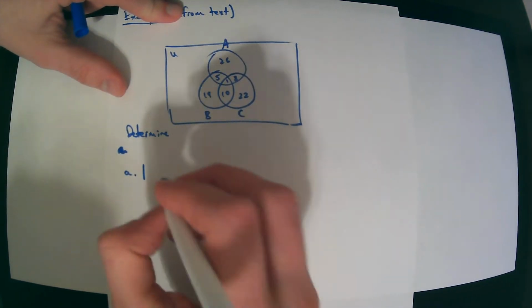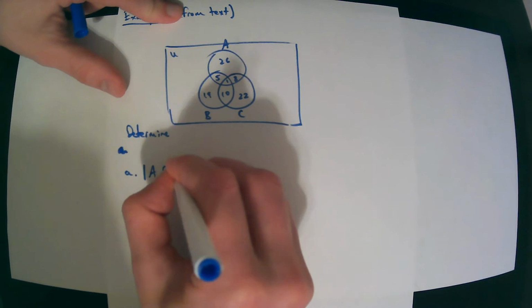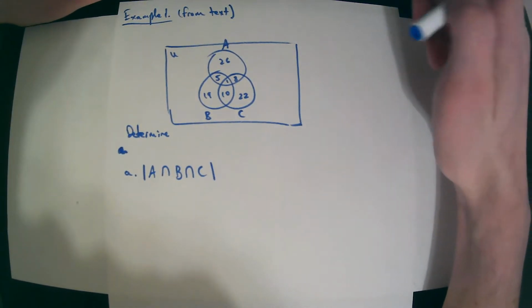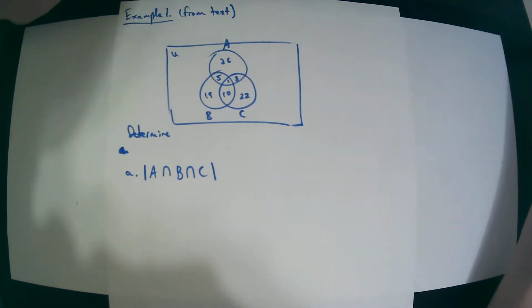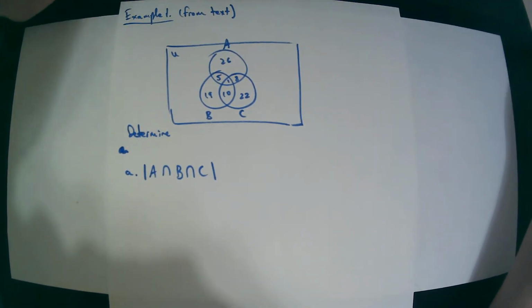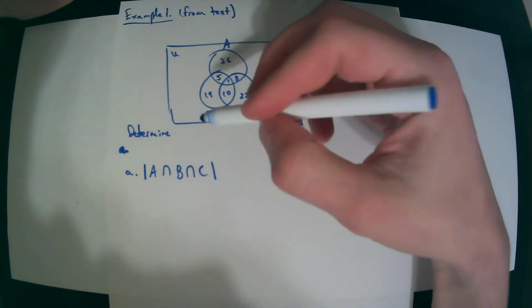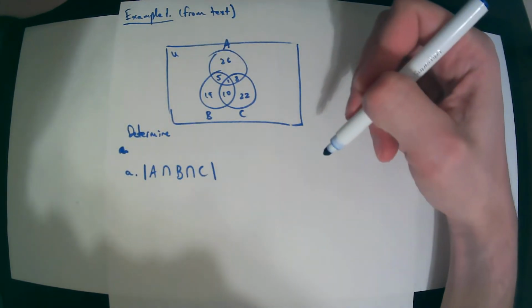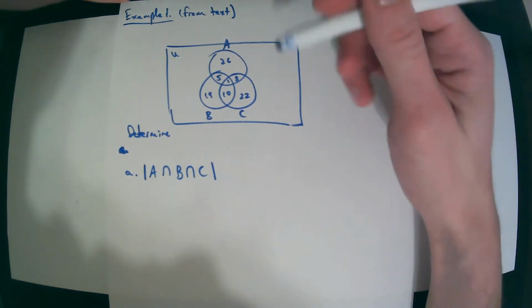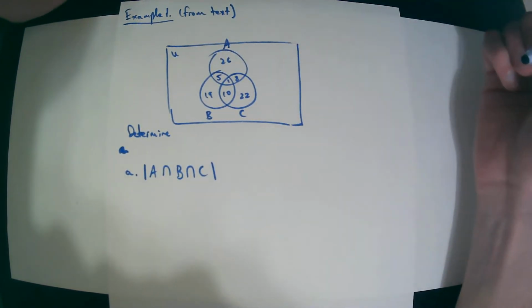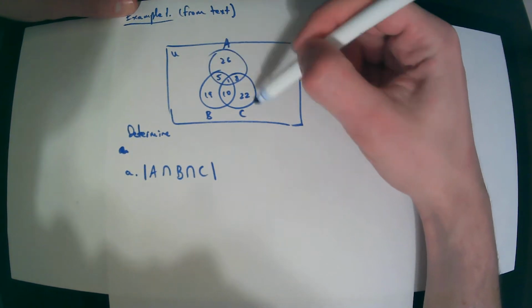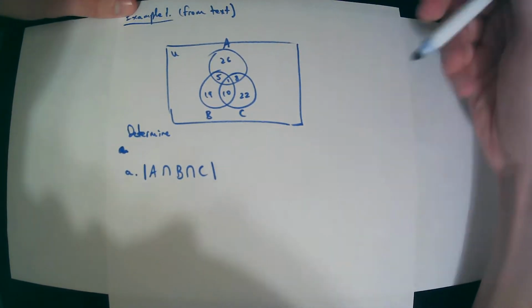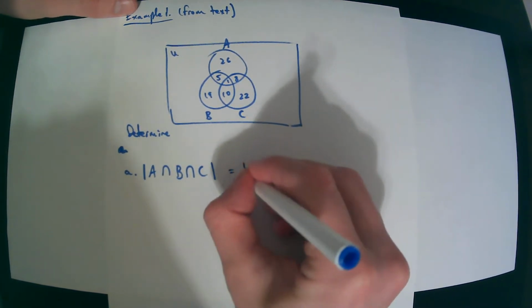So let's find the cardinal number of A intersect B intersect C. We want to find the cardinal number of the intersection of all three sets. How many elements are in this intersection of all three sets? Well, there's only one element inside of all three sets. That's denoted by that 1 right in the middle. So this is 1.